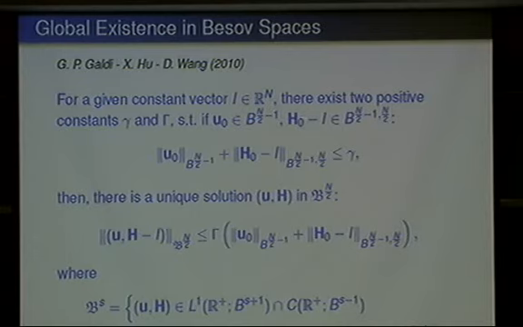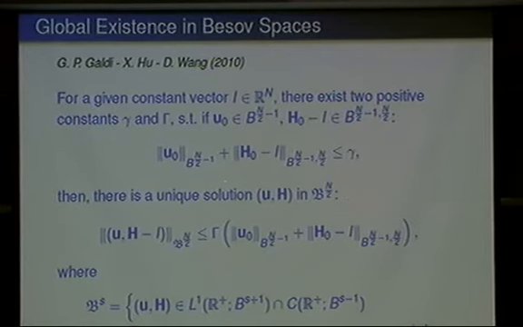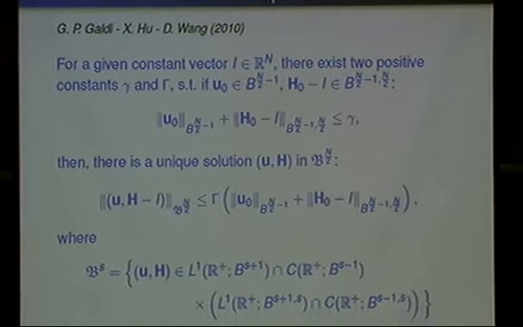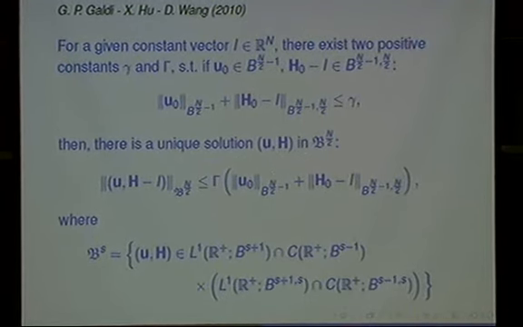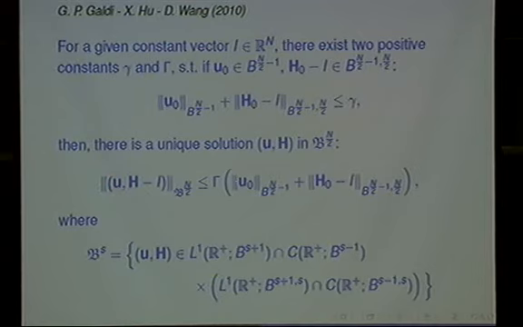You can find two constants such that if the initial data is small in this sense, then you can find a unique global solution. Of course the solution satisfies this estimate: this norm of the solution can be controlled by a constant times the norm of the initial data.